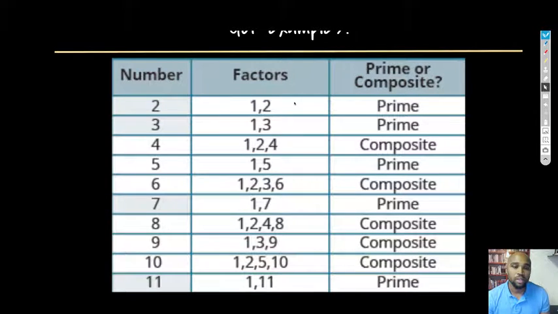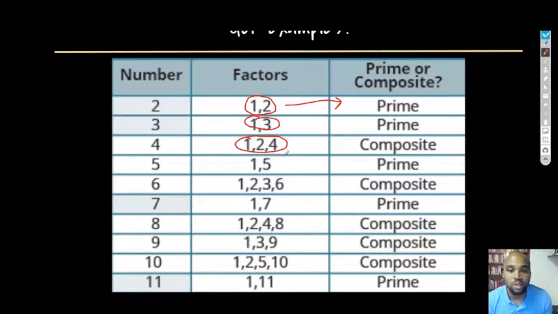Here are some examples if you need more to really draw this point home. The number 2 has only two factors, 1 and 2, so we're going to call that prime. 3 only has two factors, but notice that 4 has 3 factors.